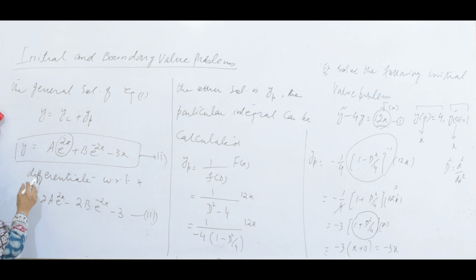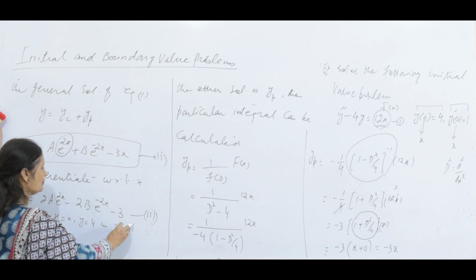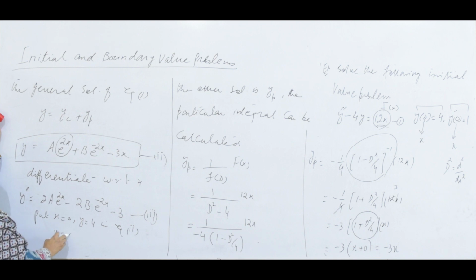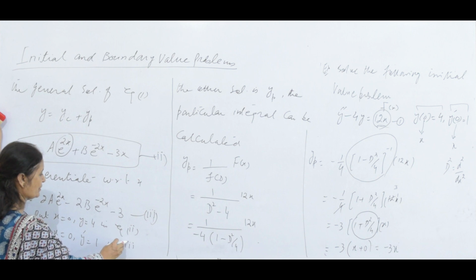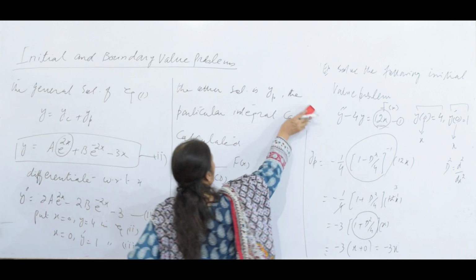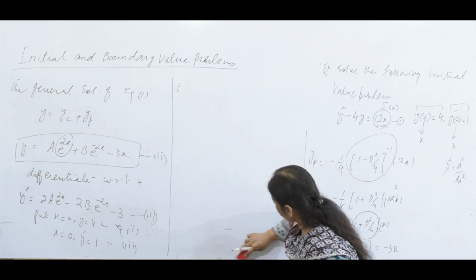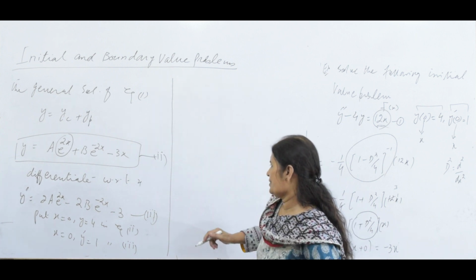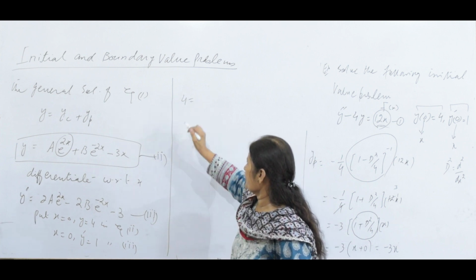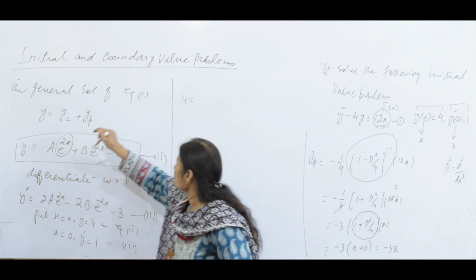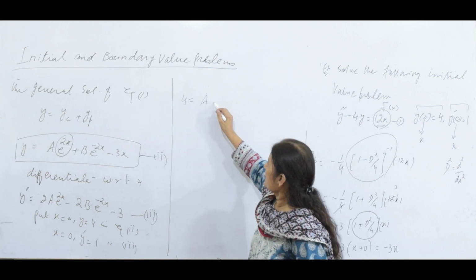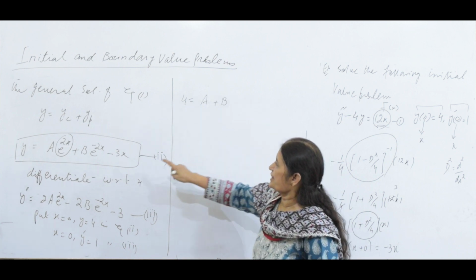Put x is equal to 0, y equal to 4 in equation 2, and x is equal to 0, y prime is 1 in equation 3. So we can have this. y is 4, so 4 is equal to, putting x is 0, a plus b minus 3 times 0 is 0.